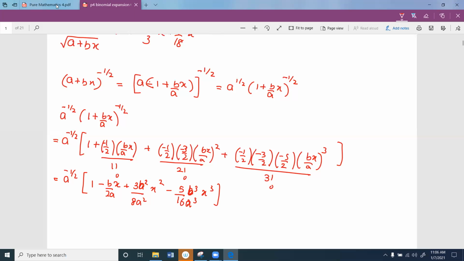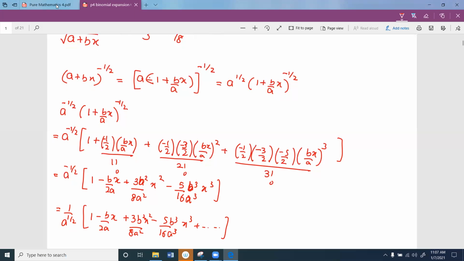Then if it is worked out, this is 1 over a to the power half times (1 minus b over 2a x plus 3b squared over 8a squared x squared minus 5 over 16 b cube over a cube x cube). Plus it goes to infinity, but you just need to write only this part of it.